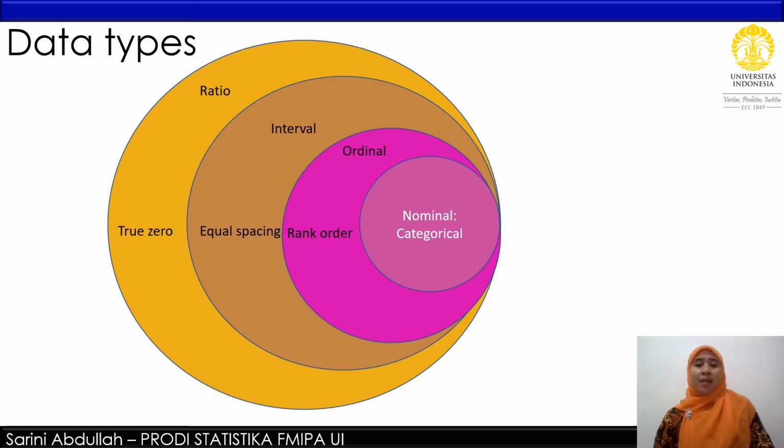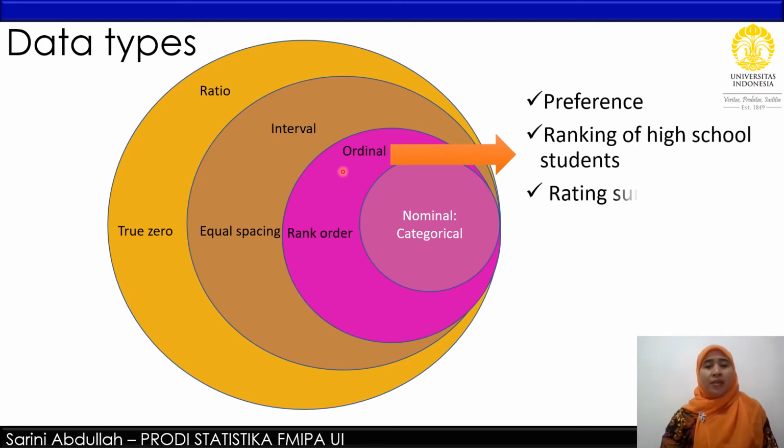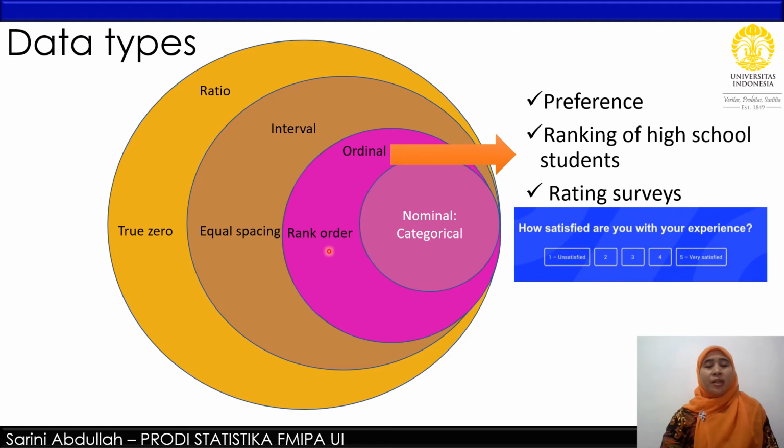What about examples of the ordinal scale? Like we said before, the ordinal scale already has the ranking, so it shows preference. For example, the ranking of high school students: the first rank, the second rank, the third rank, and so on.